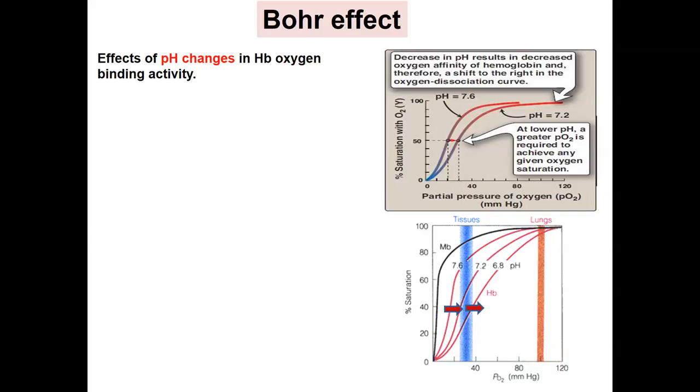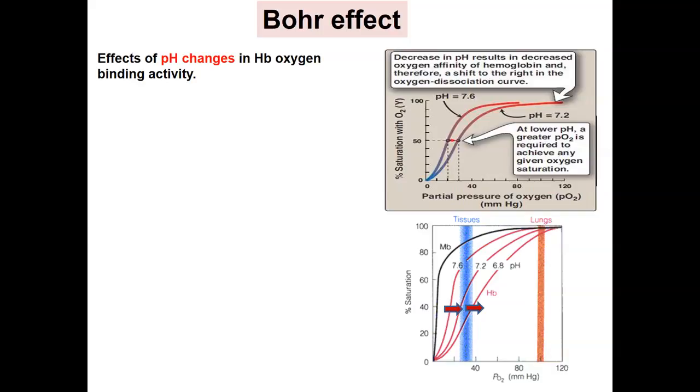Because in your tissue, you have high CO2 making a lot of carbonic acid, so the pH is lower. Is that clear? Good. So low pH increases the hemoglobin's ability to unload more oxygen. Low pH decreases the affinity of hemoglobin for oxygen.